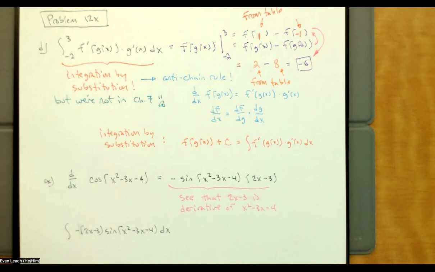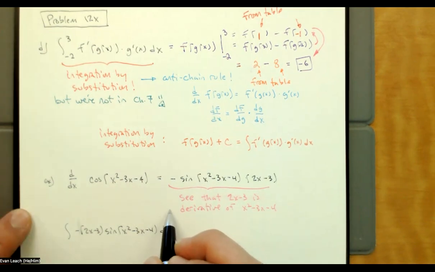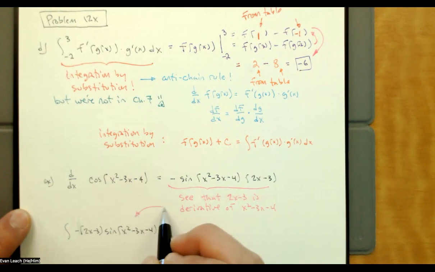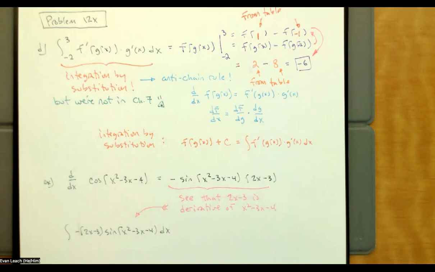We want to see that 2x minus 3 as the derivative of the x squared minus 3x minus 4. Not just in this context because we just found this derivative with the chain rule, but we also want to see it in this context as well. So that when we look at this integral, we say this integral was found with the chain rule.